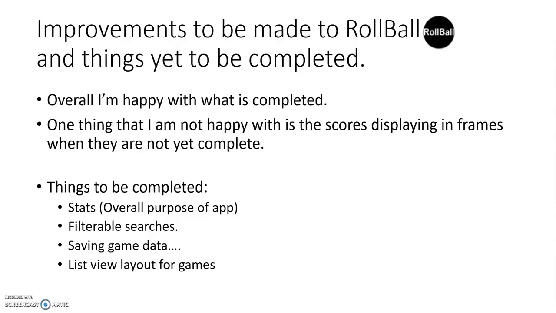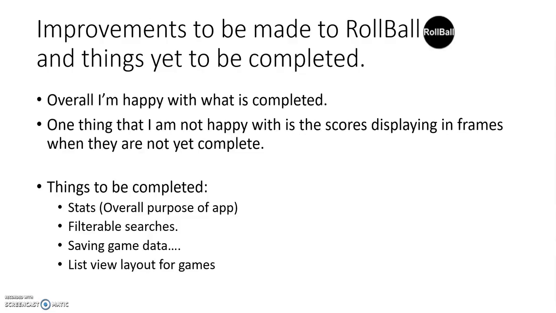I need to actually finish what I mentioned before as the overall purpose of the app, which is to track shot statistics. That's not yet working. I want to add filterable searches, and I want to be able to save the game data. I didn't show you, but that's actually not working right now.